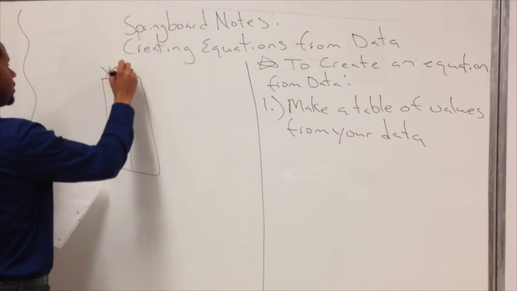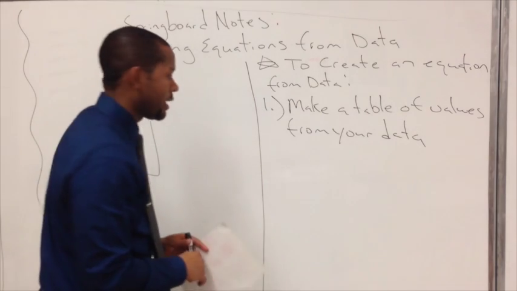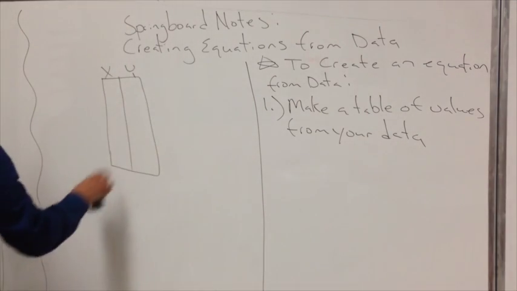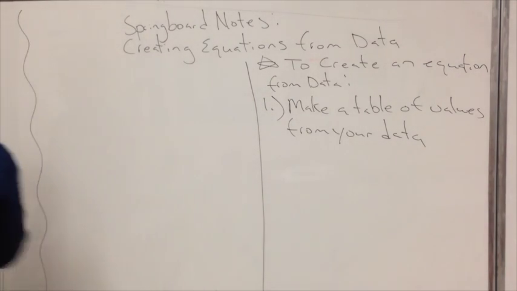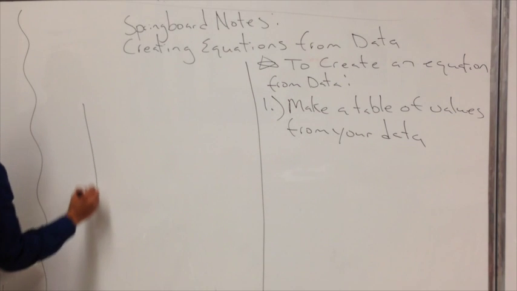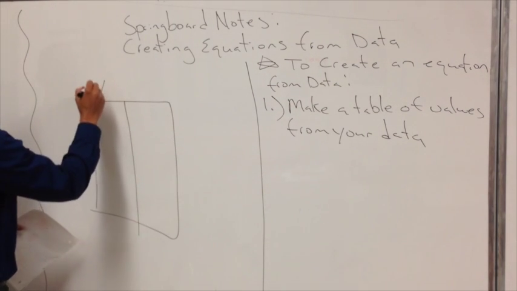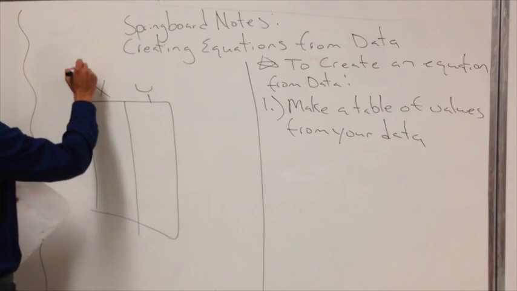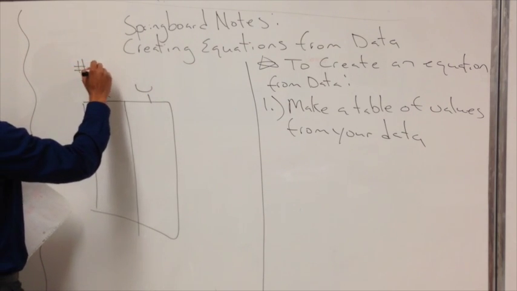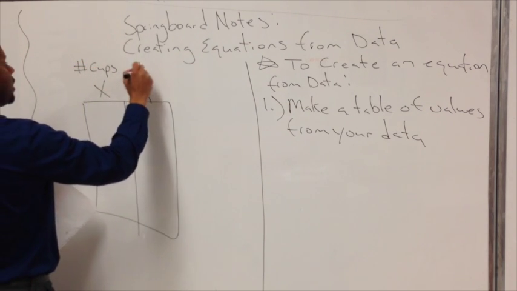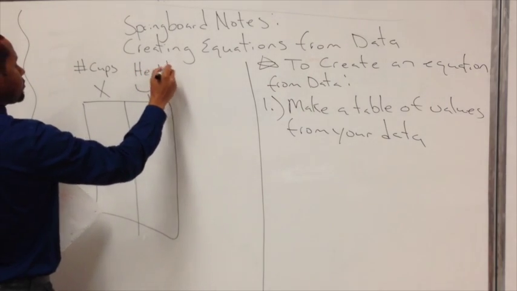This one is X, this one is Y. Actually, let me write that bigger. And make this a little even bigger for you. Here's a table of values. X, this is Y. This is going to stand for number of cups. And this one's going to stand for height.